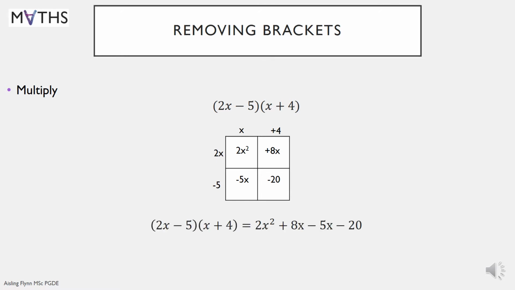As expected, we have 4 terms to our multiplication, but as we saw in the previous example, 2 of the terms have x to the power of 1, so we can combine them, and they appear in the grid on the diagonal. And 8 minus 5 gives us 3x in the center, so 2x squared plus 3x minus 20 is the result.